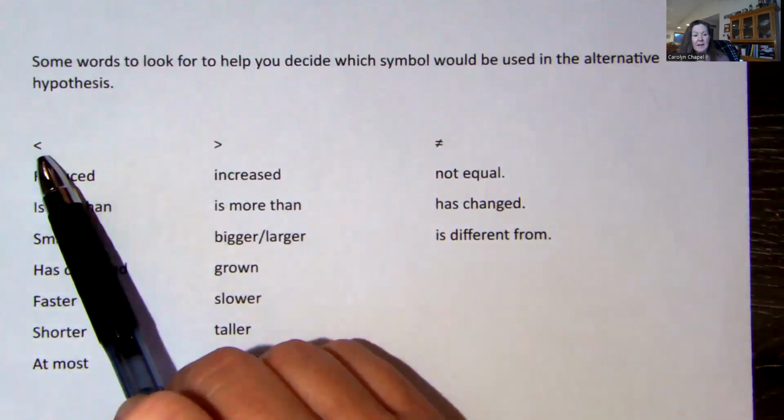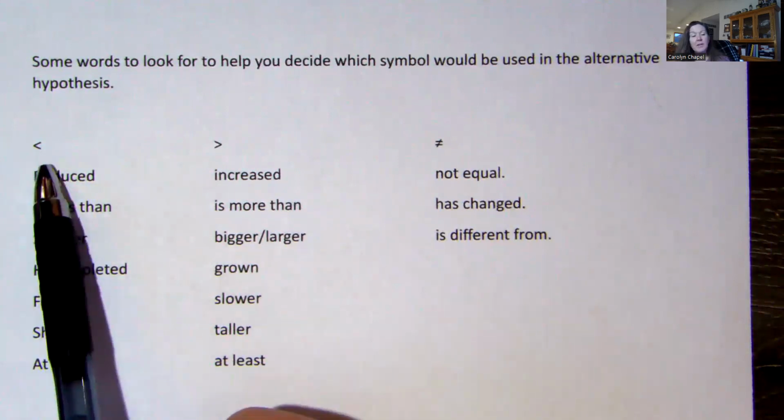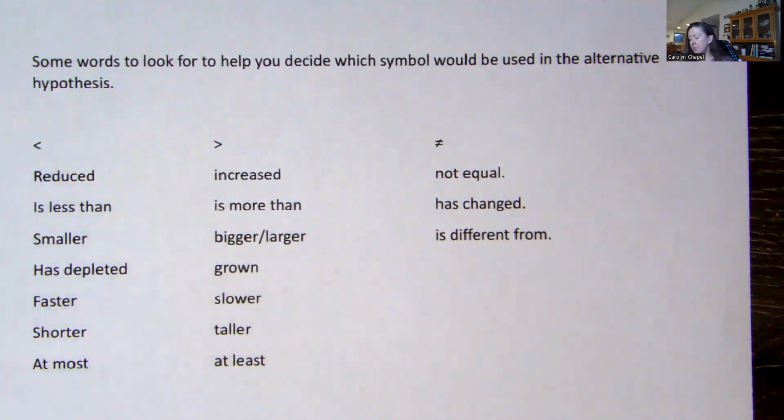So here's our less than symbol. And some things that tell me it's less than would be reduced, is less than, smaller, has depleted. They're faster, which means the time is less, shorter, at most. So some of those terms might pop in here.